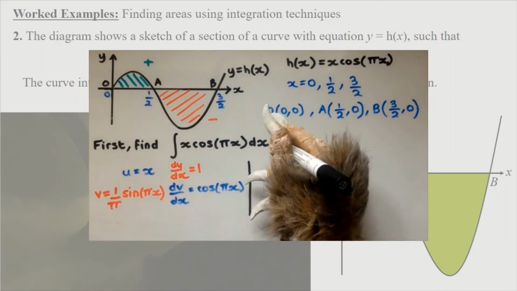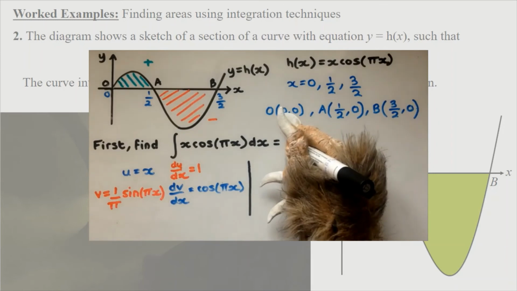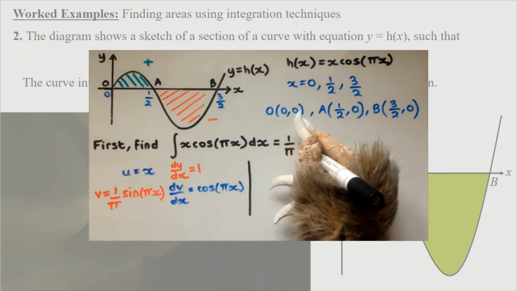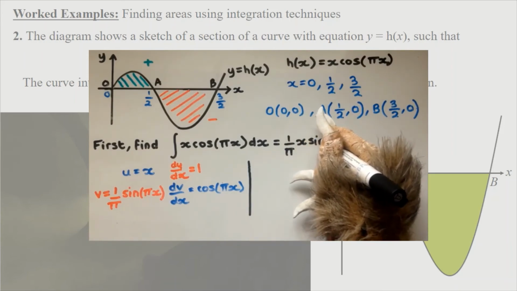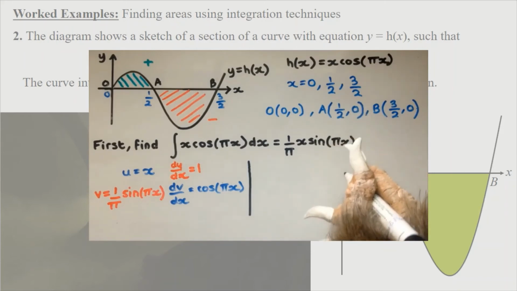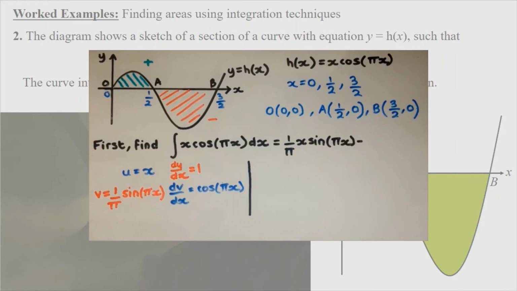So this is going to equal uv. So that's going to be x. Well, I'll put the 1 over pi first. So 1 over pi x sine pi x, and then I'm going to subtract the integral of v du by dx.